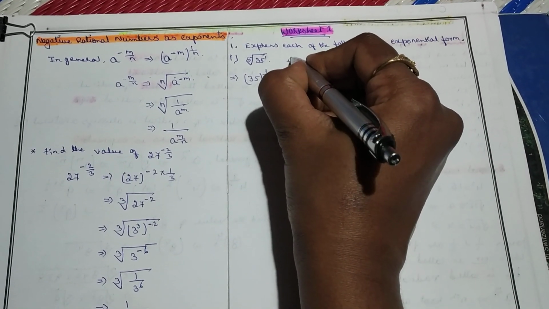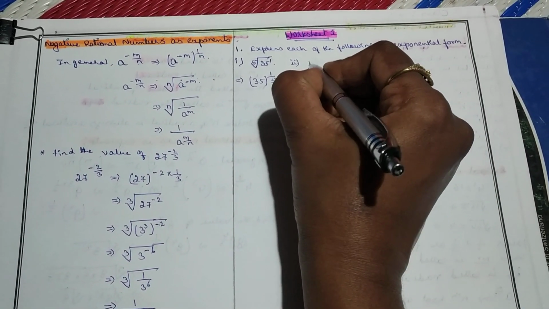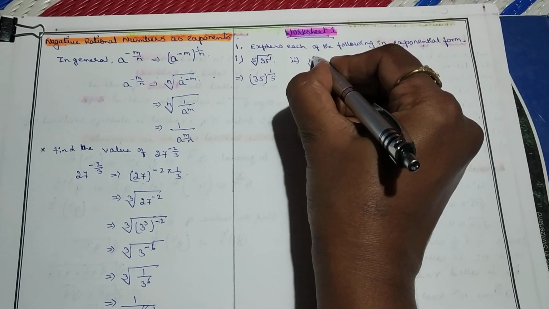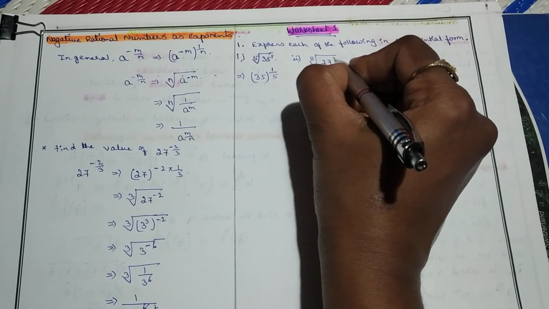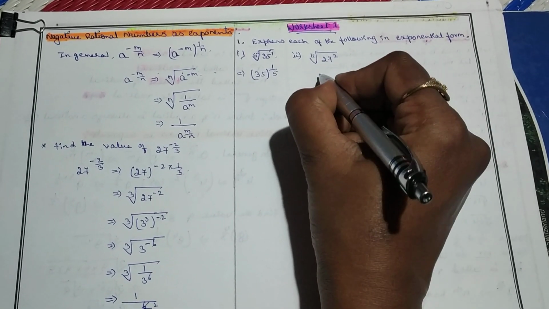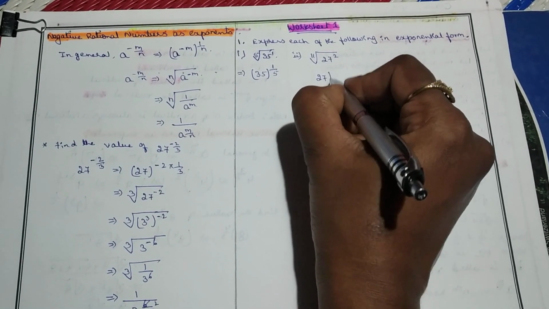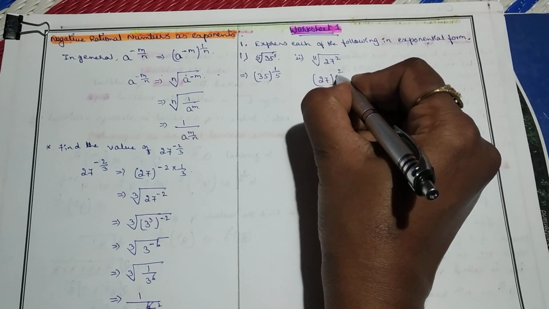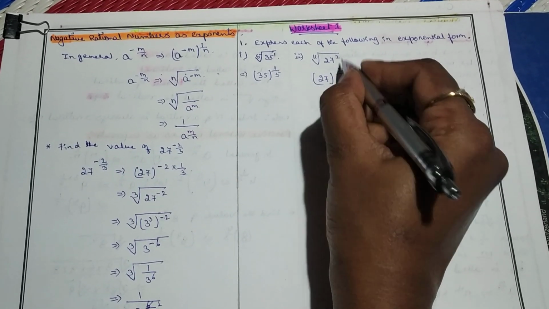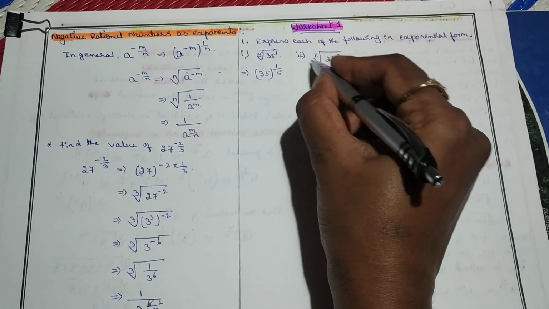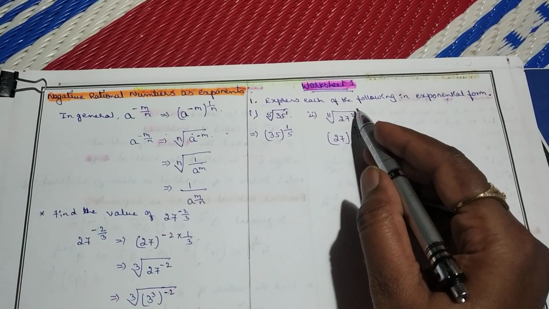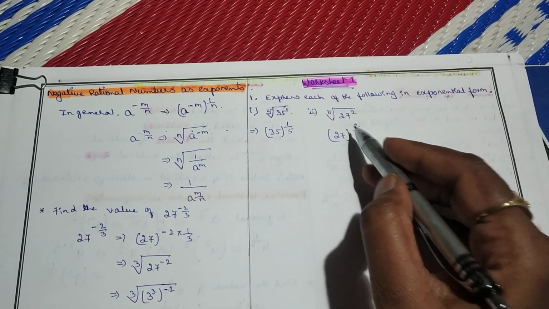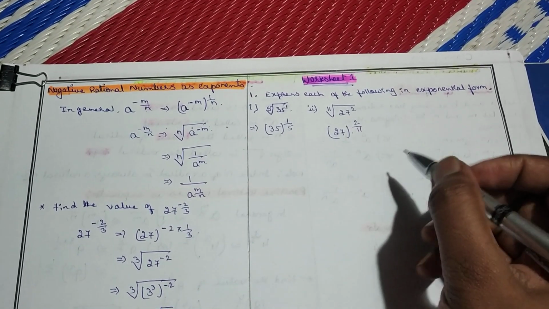Second one, the question is 11th root of 27 to the power of 2. So here we have the power 2, so 27 to the power of 2 by 11. So the given question, which is in radical symbol, is expressed in exponential form.